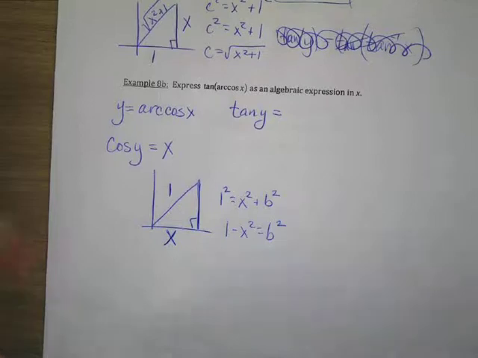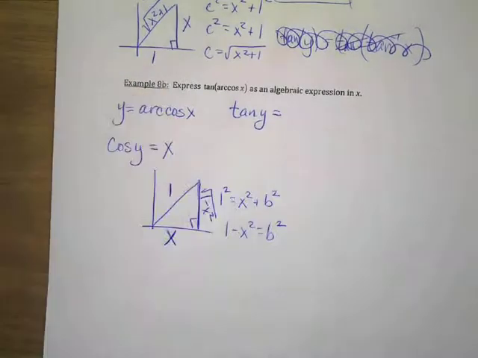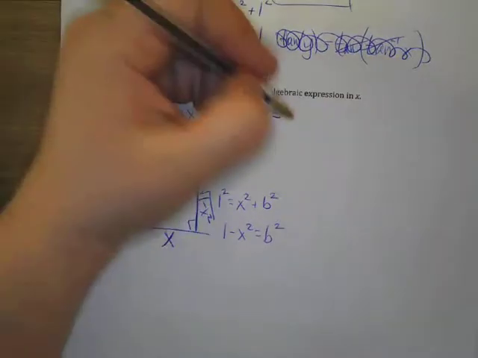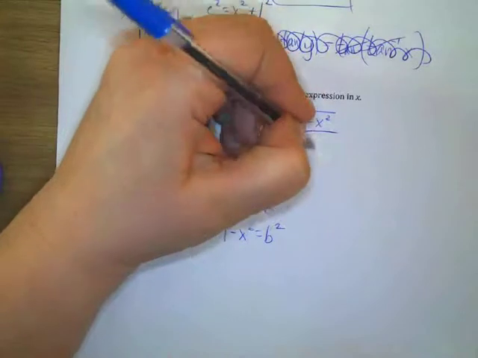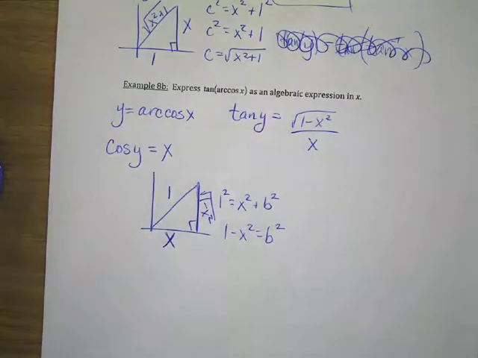So square root it. So the square root of 1 minus x squared. And so we want the tangent. So tangent is opposite, which is the side we just found, over adjacent. That's it.